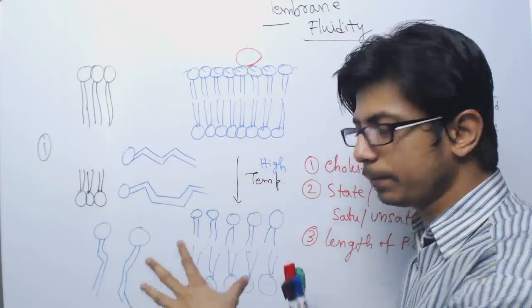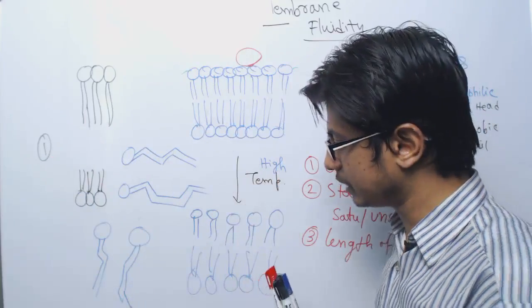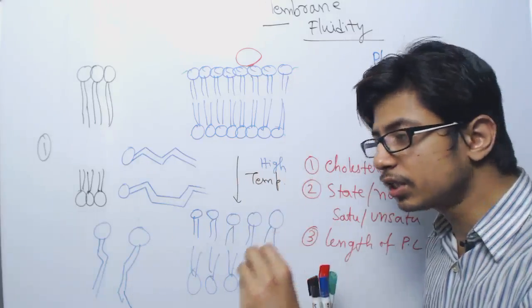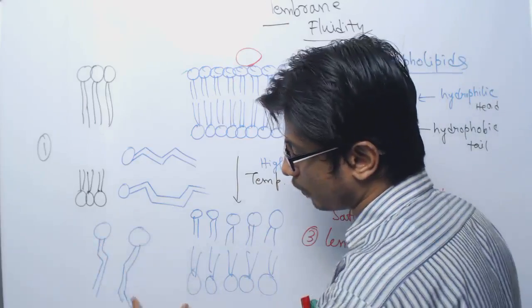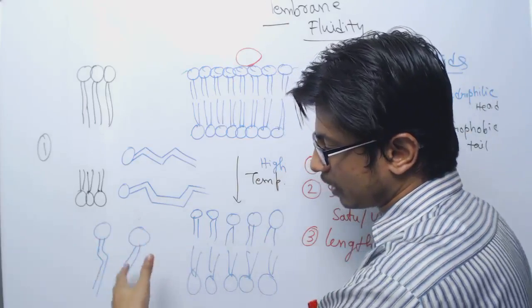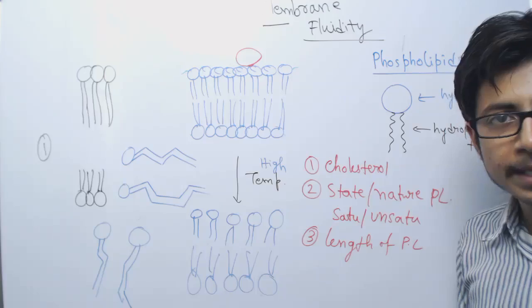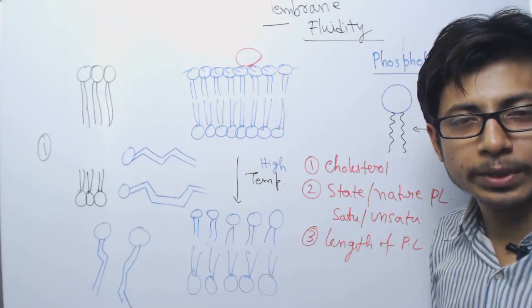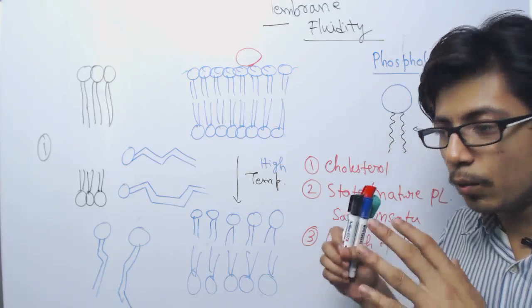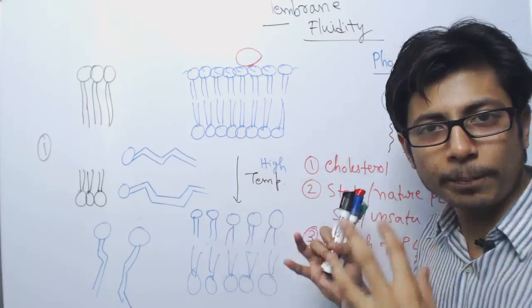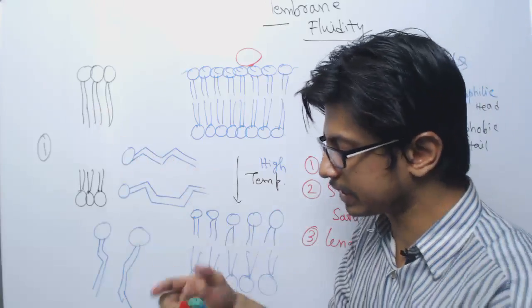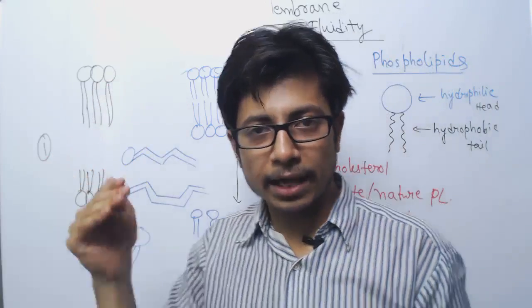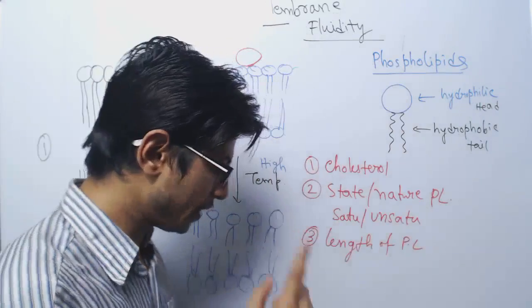Now those kinks will make it much less organized. So if the concentration of lipid molecules contains most of or more of these unsaturated fatty acids, what will it do? Unsaturated fatty acid will make the compactness less, because let's assume now if you place the same thing and you place the unsaturated fatty acid in the middle, then what will happen?